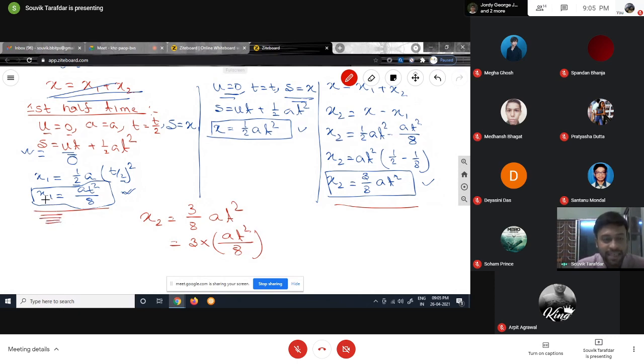Students, can you see it? x1 is a t square by 8. So in place of a t square by 8, if I put x1, then x2 is equal to 3 into x1. So this is the answer. Okay, students, am I clear? Students, is it clear? Please tell me.